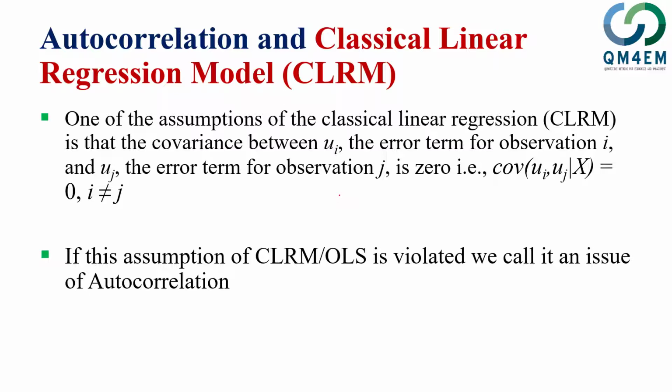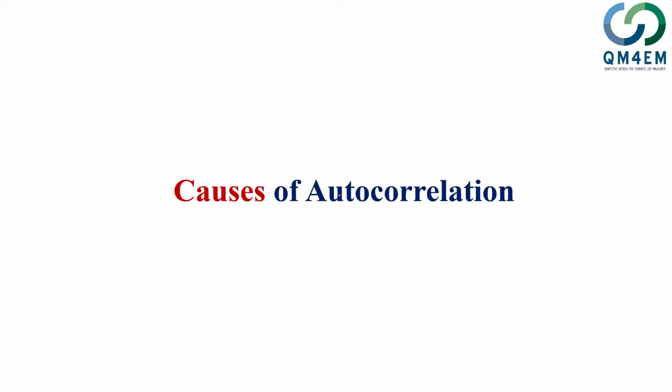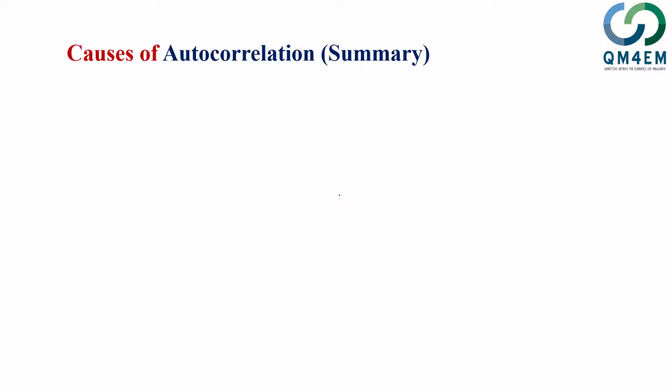Now when this assumption is violated, there are a number of implications for our OLS estimators. But before going to that, we should look into what causes autocorrelation. So that leads me to the new subtopic, causes of autocorrelation.